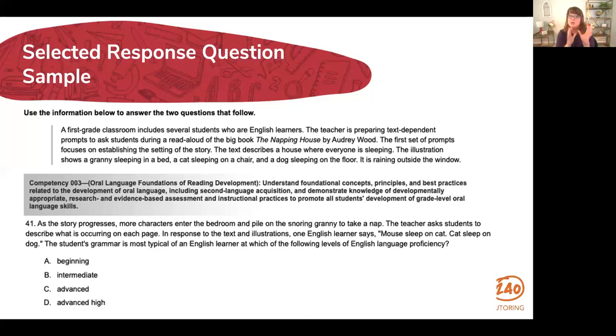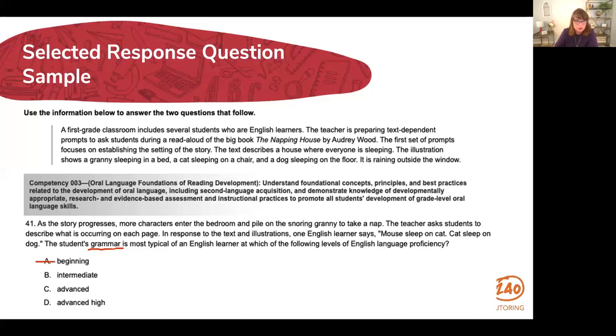Now we're given what the student has said, and we have to figure out what level that's on. The stem gives us some clues that we need to focus on grammar. Did everybody see that? The student's grammar is most typical of an English learner at which of the following levels. So the fact that the student is speaking at all can eliminate choice A.